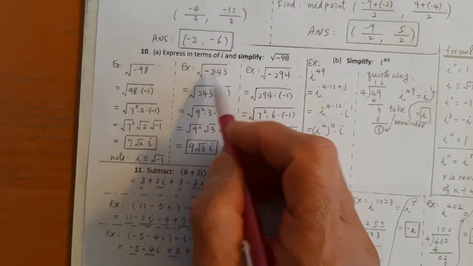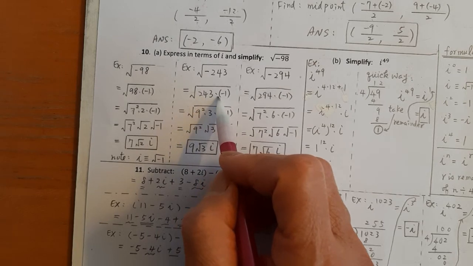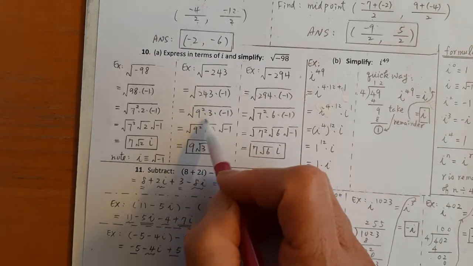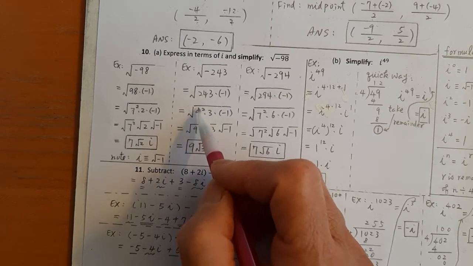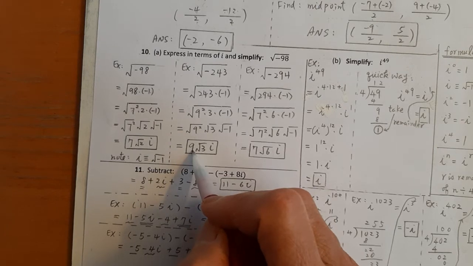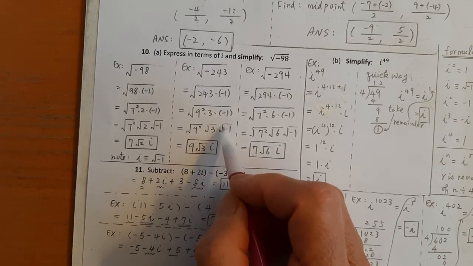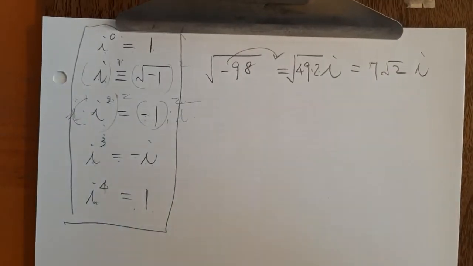This one, square root of -243. You can separate as 243 times -1. And 243 divided by 3 got 81. 81 is 9 squared. 9 squared, take square root out, get 9. 3 is still under radical. -1 take square root, it's I. So let's do the quick way.